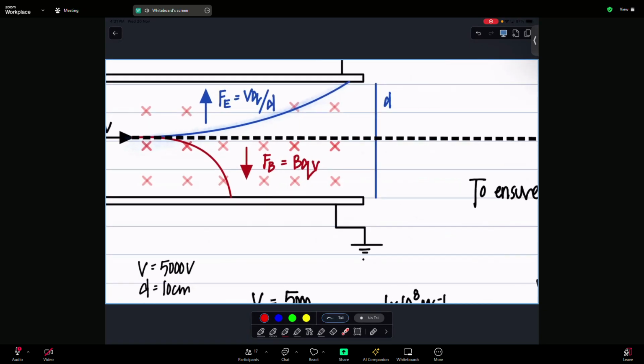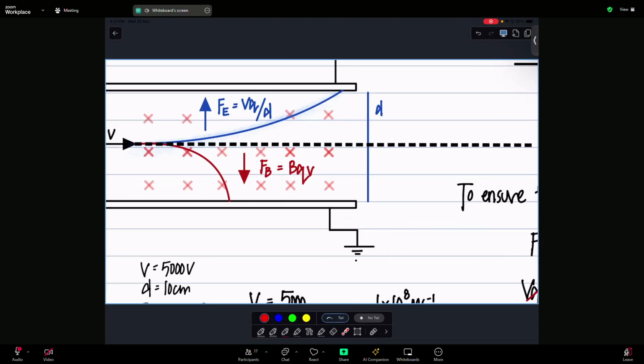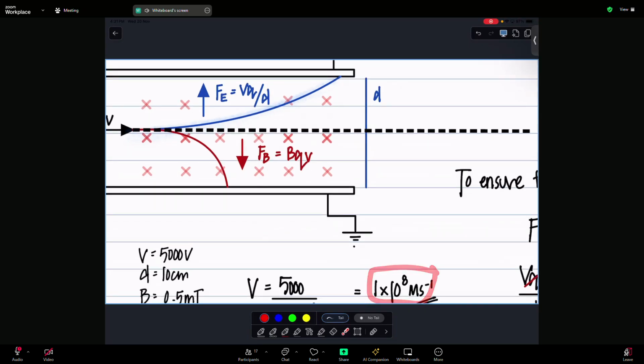Yeah. So right now, for this to function, this should be equal to that, right? And if the velocity is this value here, then the particle will go straight through. Now, what if the velocity is a little lower than this? That means this is lower, which means this will become less. And if this becomes less, previously they were equal, by the way. Now this one becomes less, right? So if this one becomes less, which way does the particle deflect? Yeah.